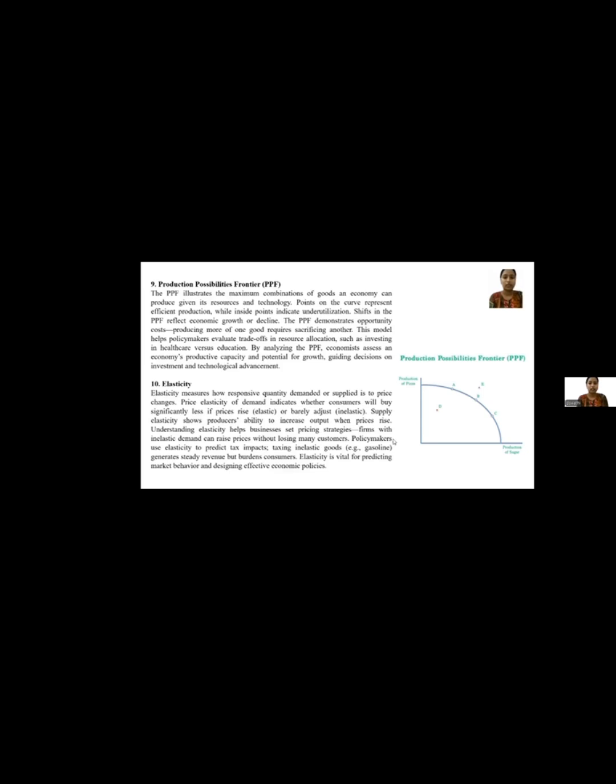This demonstrates opportunity cost: producing more of one good requires sacrificing another. This model helps policymakers evaluate trade-offs in resource allocation, such as investing in healthcare or education, by analyzing economic productive capacity and potential for growth, guiding decisions on investment and technological advances.